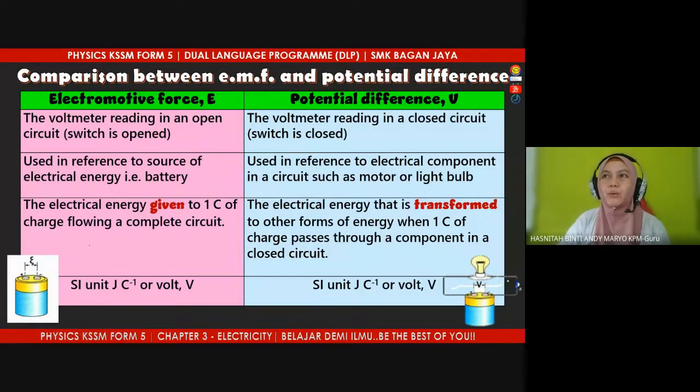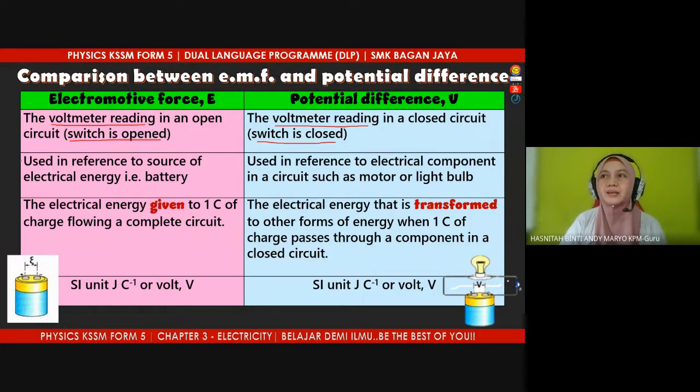What is EMF? The voltmeter reading when the switch is open. So you can write voltmeter reading when the switch is open. Meanwhile, potential difference refers to the voltmeter reading according to this activity in a closed circuit, or voltmeter reading when the switch is closed. That is the first comparison.